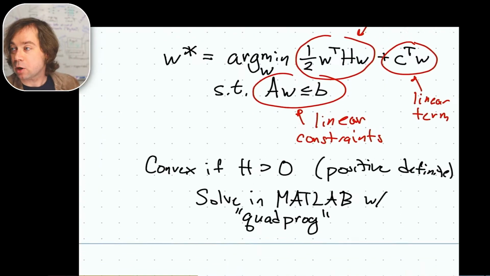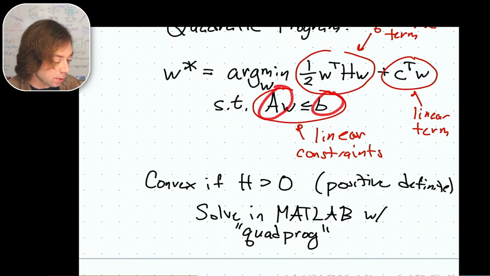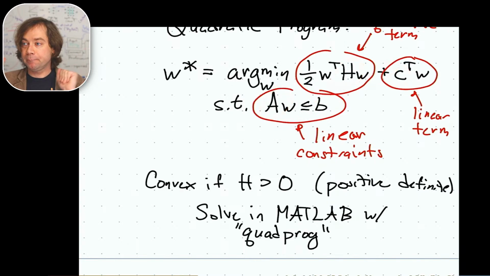And guess what quadprog has you give it? Okay? You give quadprog your A, your B, your H, and your C. That's all you got to give it, right? You can give it more things. There are more options, but that's the minimum, right? You can get away with that, right?